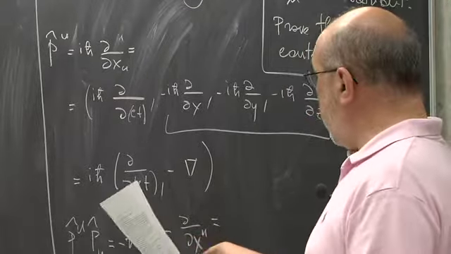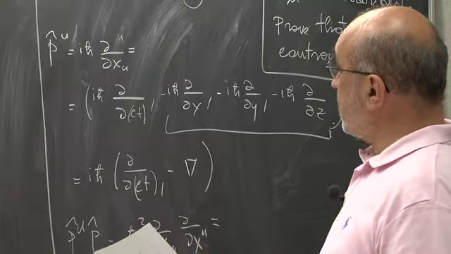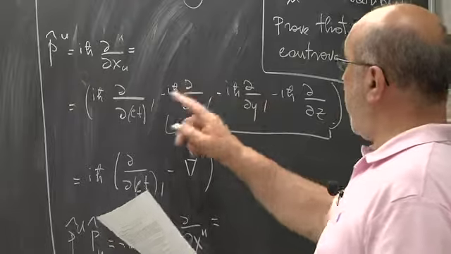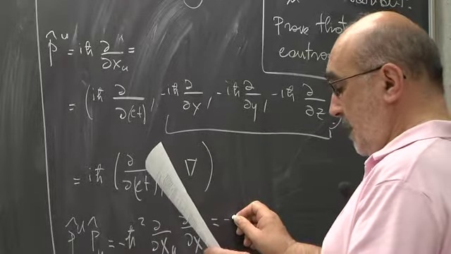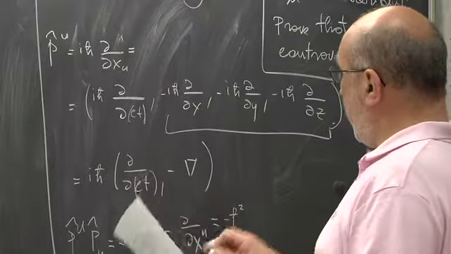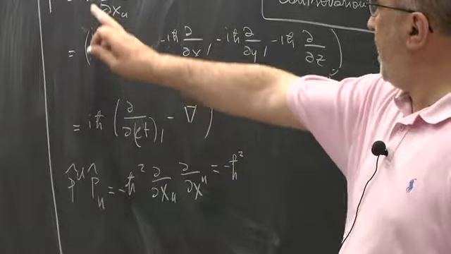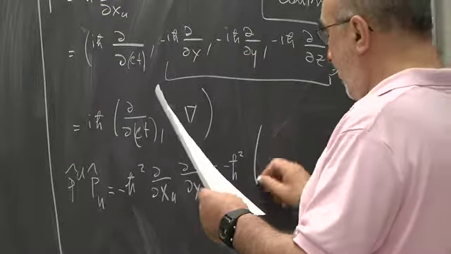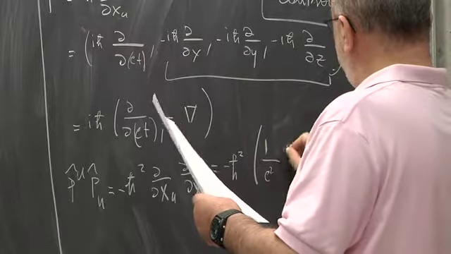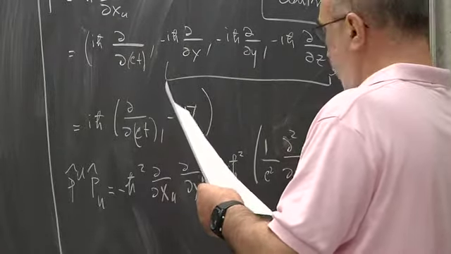Now, if you do this, remember, one has index up, the other has index down, so the sign here changes. And what you get is the following. Minus h squared. The minus h squared comes because I have i h, and I have minus h squared. Then I have 1 over c squared, the derivative with respect to t squared.